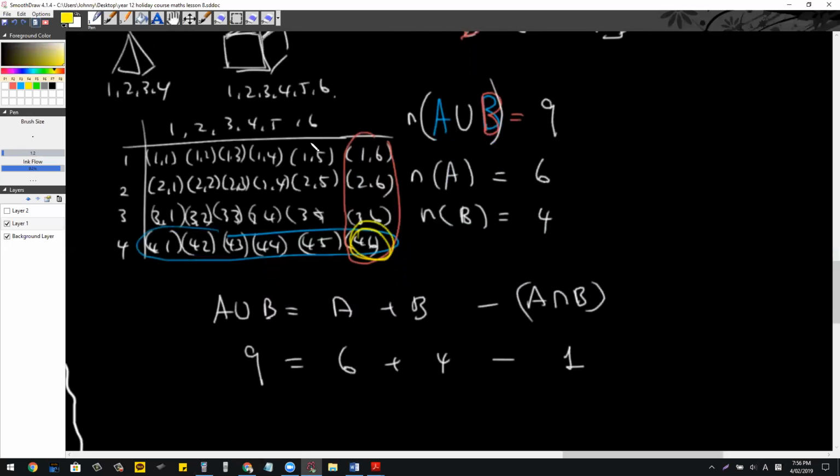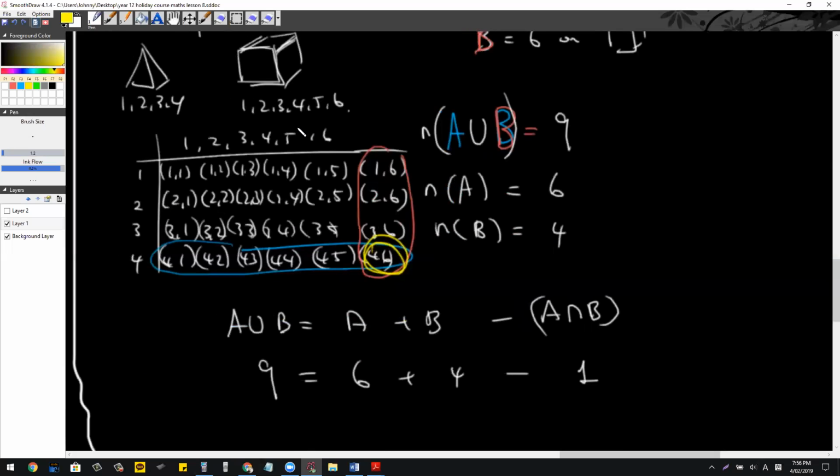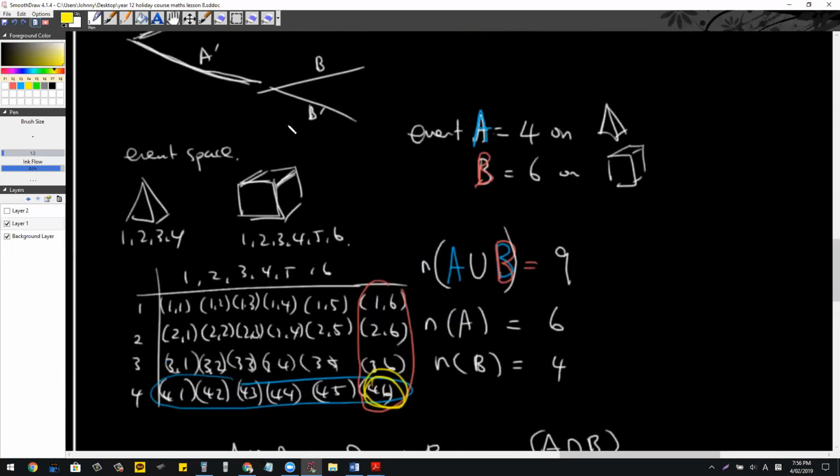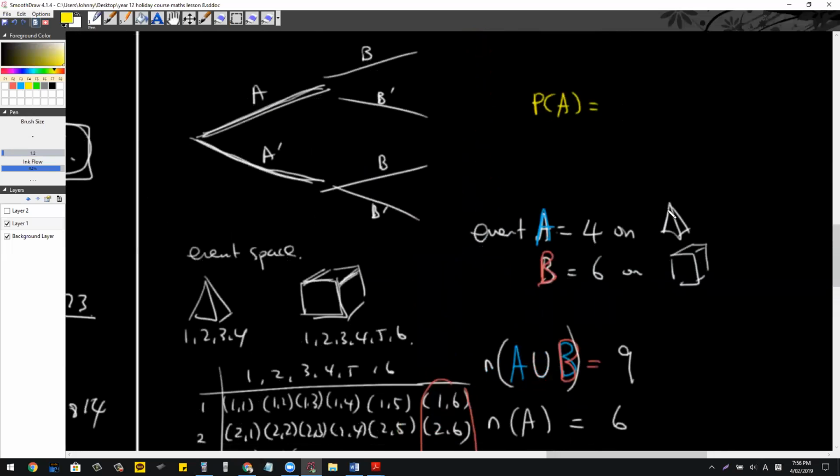If we draw a Venn diagram for this, there are two ways of looking at it. The probability of A happening, if you look at this one here, is definitely 1 out of 4. And the probability of B happening is 1 out of 6.